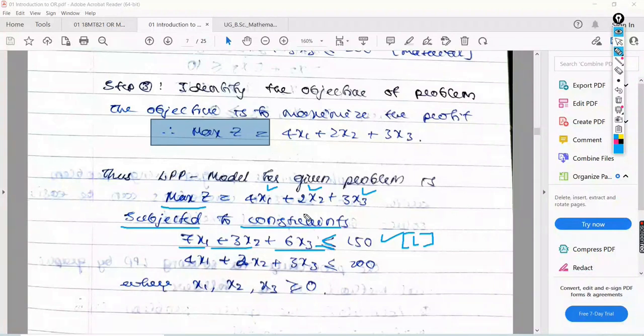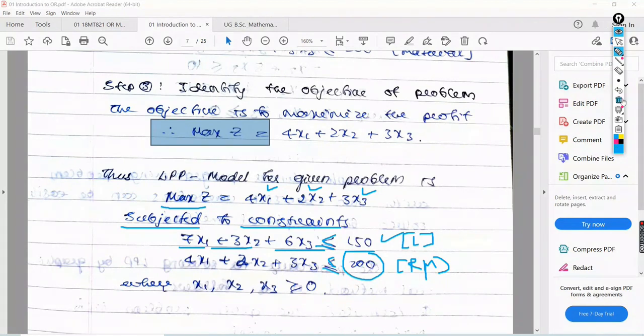The second constraint is the raw material you are going to use. This raw material should not exceed 200. That is 4x1 plus 2x2 plus 3x3 less than or equal to 200.